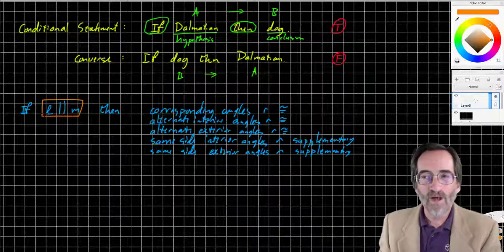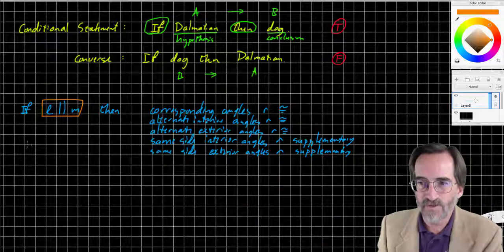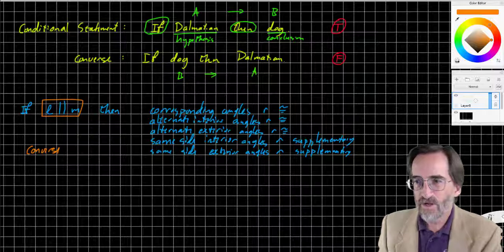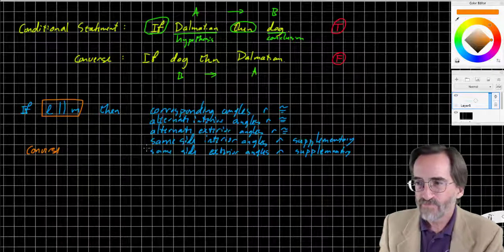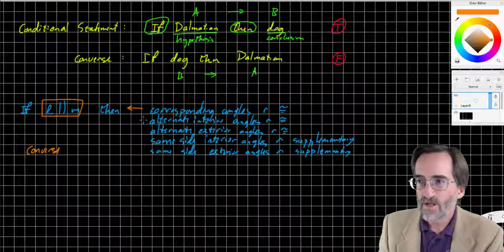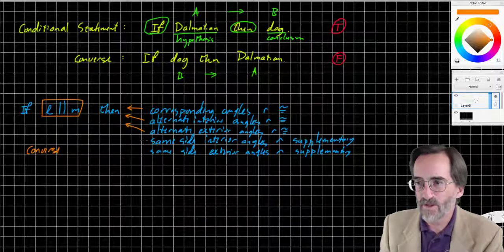Now, it just so happens the converse of those statements is also true. So the converse says, if corresponding angles are congruent, the lines are parallel. If alternate interior angles are congruent, the lines are parallel. If alternate exterior angles are congruent, then the lines are parallel.